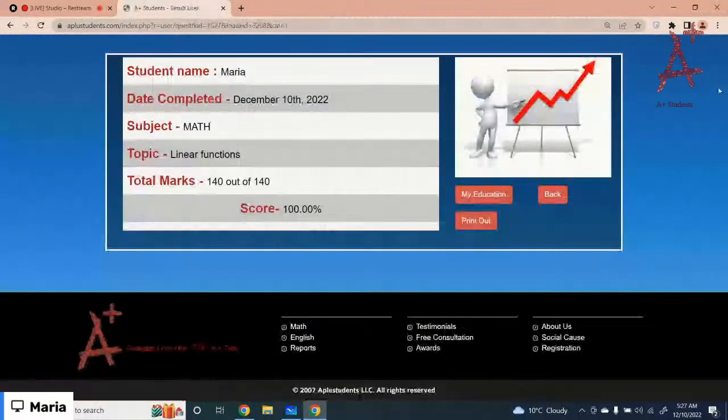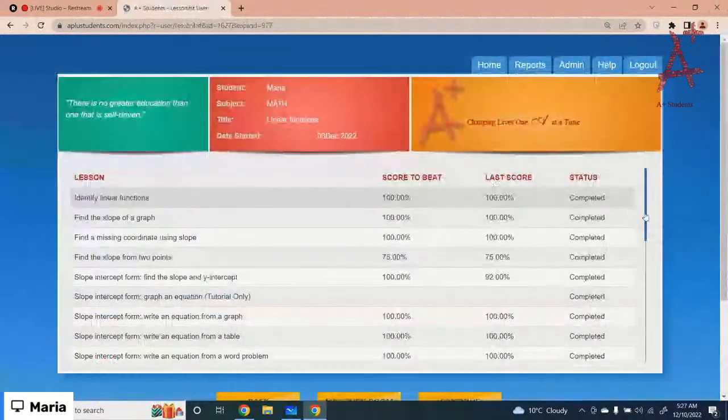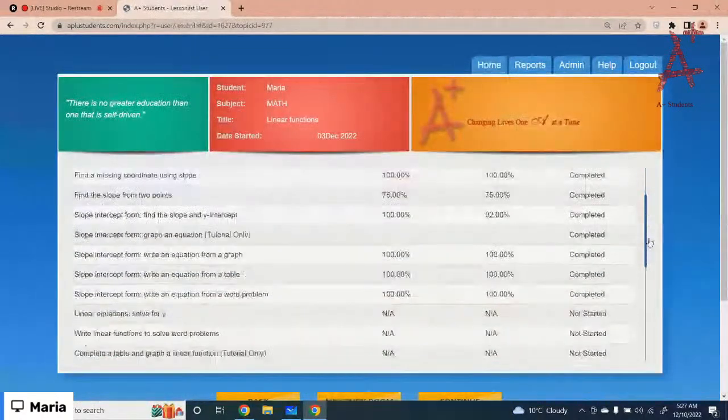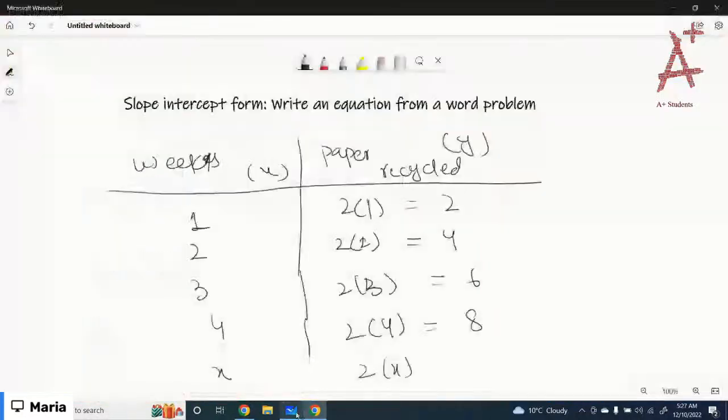Okay, we have just 4 of the questions in the test. So let's go back and move on to the next topic. The next topic is linear equations solved for y. Let's start with the next one.